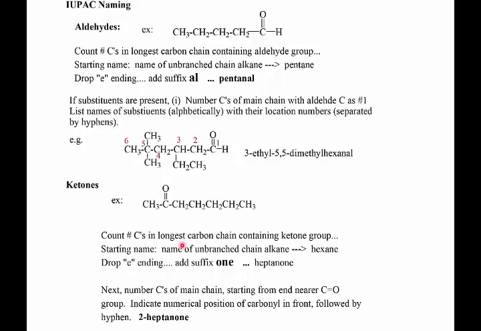You number the carbons of the chain from the end nearer the ketone group. So here we would go from the left 1, 2, 3, 4, and so forth. The ketone group is at number 2. So we'll take that number 2 and put it in front of the parent chain name: 2-heptanone.